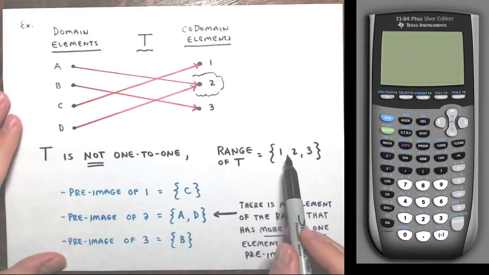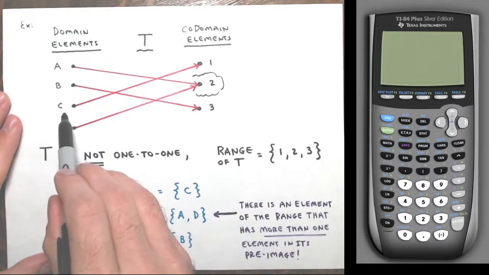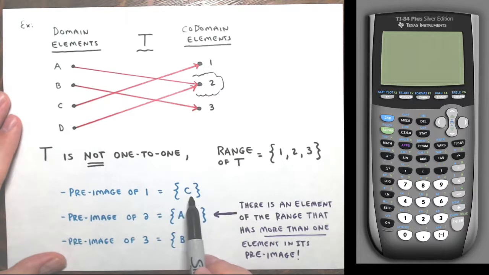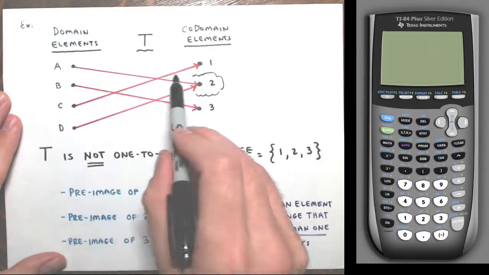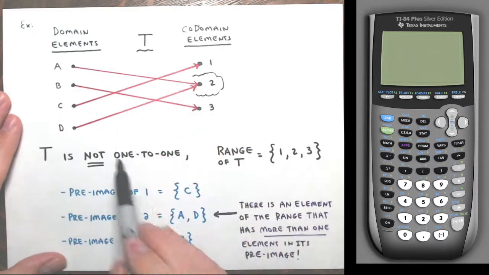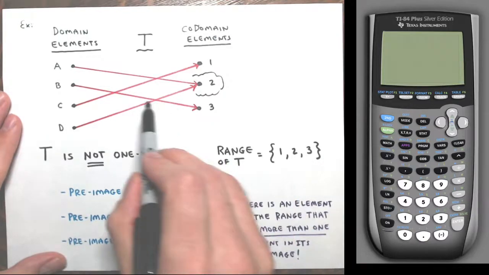And then we look at the pre-image of each element in the range. The pre-image of 1 was the set with just C in it. So far so good. The pre-image of 2 is, again, I mentioned this already, it has A and D in it. And the pre-image of 3 has just B in it, but that doesn't matter.